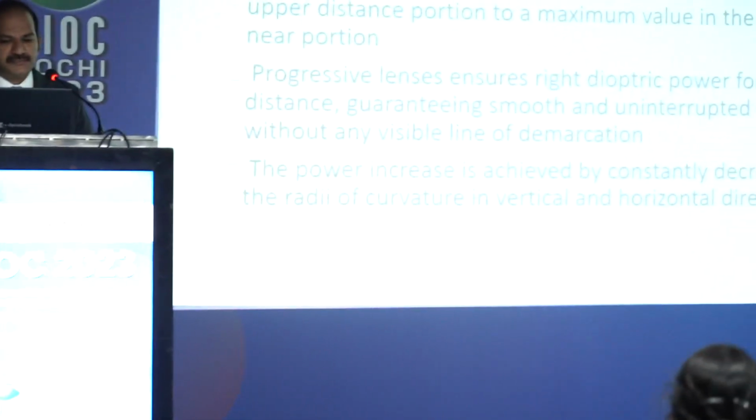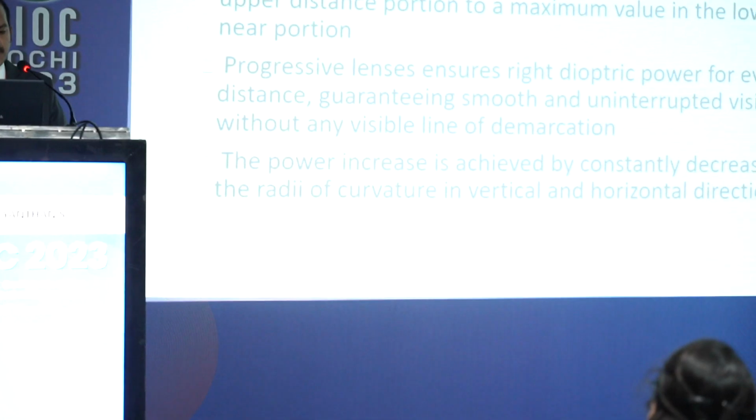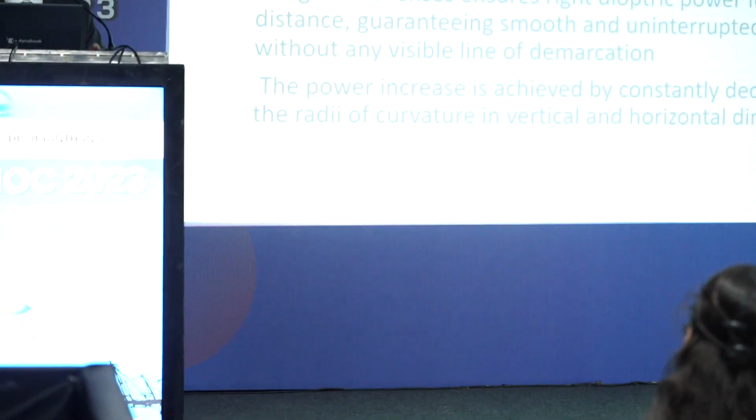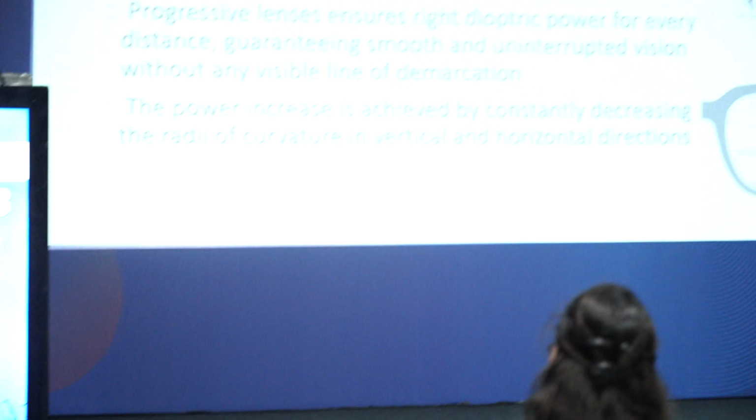the progressive addition lenses. Single piece lenses that vary gradually in the surface curvature from the minimum value in the top portion to the maximum value in the lower near portion.